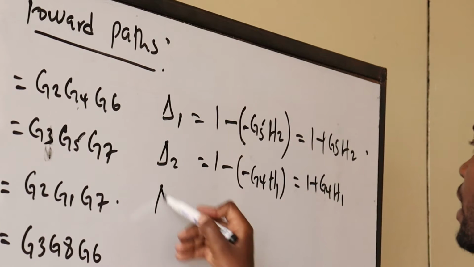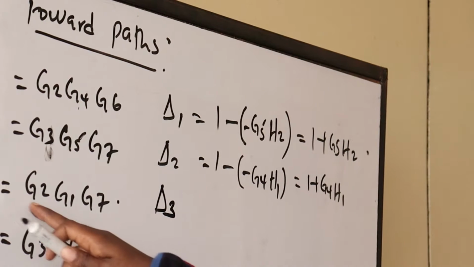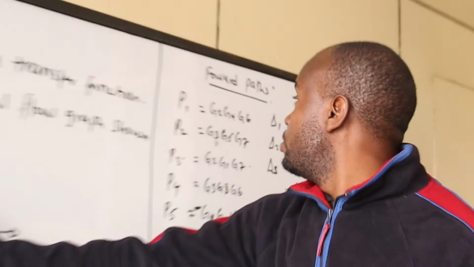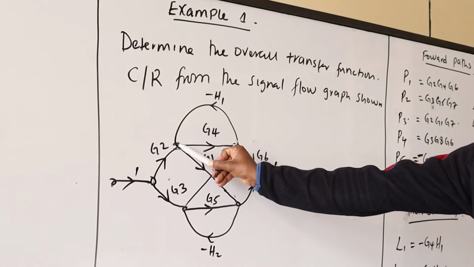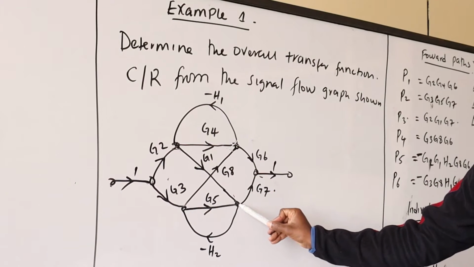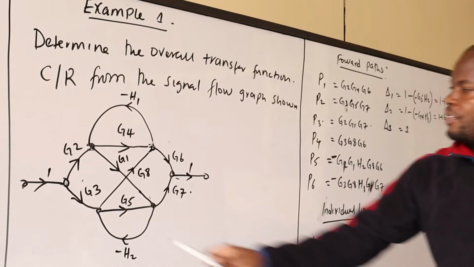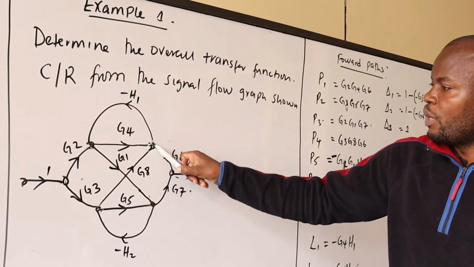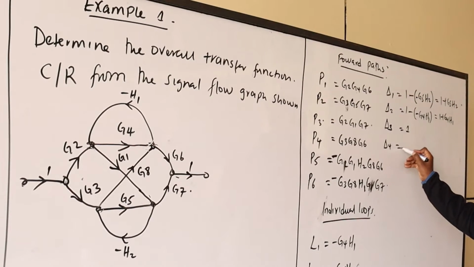All these, we are supposed to get their determinants. So we get for that third one, G2 G1. It has touched the first loop and the second loop, and therefore it is going to be 1. Looking at G3 and G8, each is a node for one of the loops, and it has touched both loops, so that one is also going to be 1.